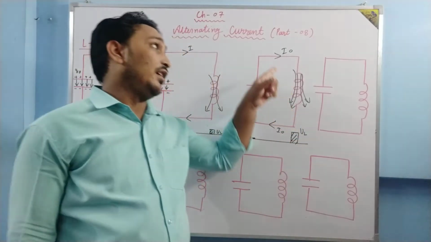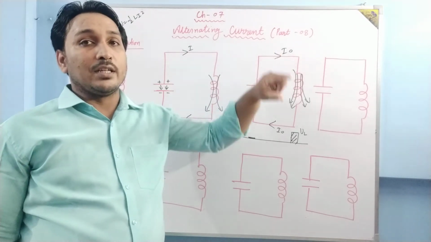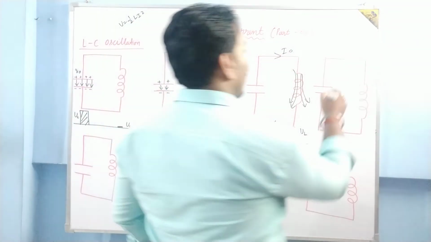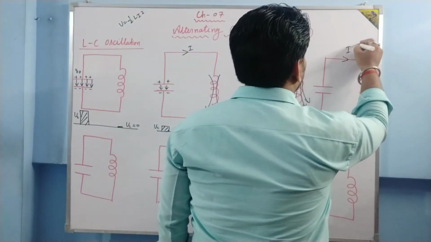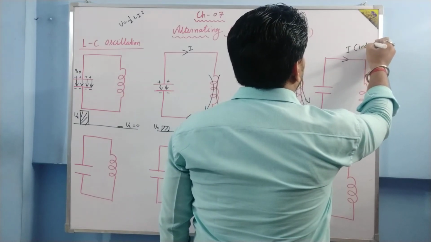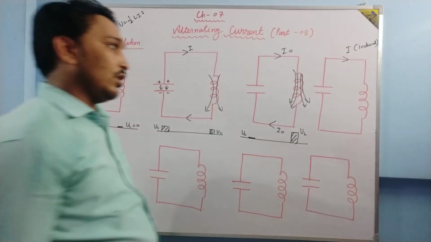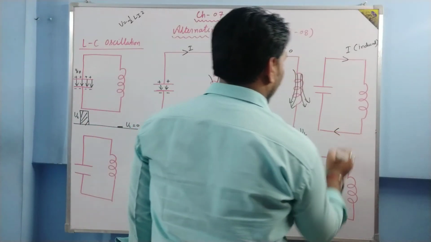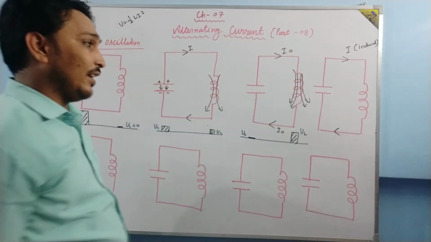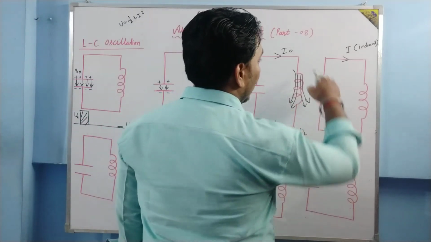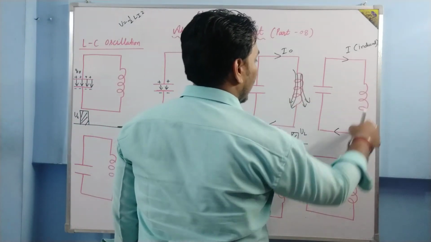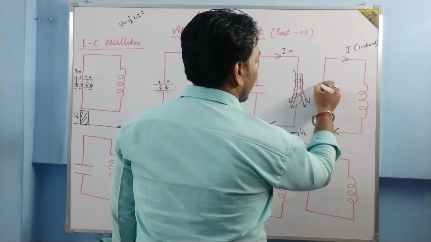So now this current starts decreasing, and that's why there is an induced current in the circuit. This is induced because of the inductor. What it does is it again charges the capacitor, but since the current is flowing in this way, the capacitor gets charged this way.